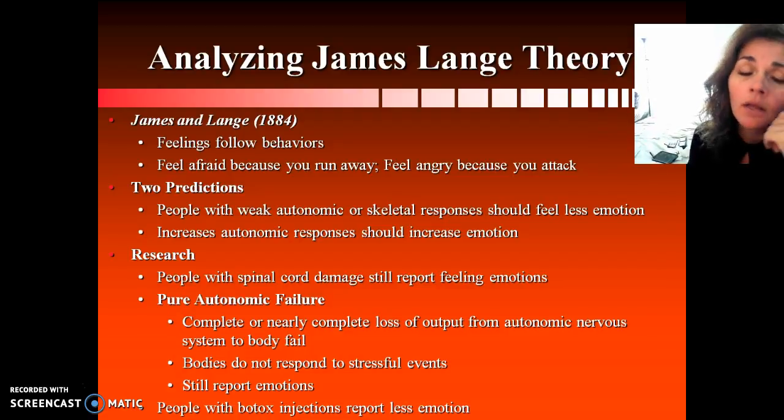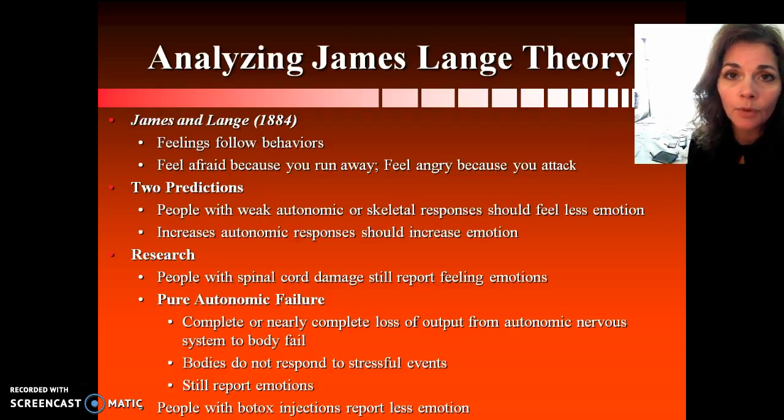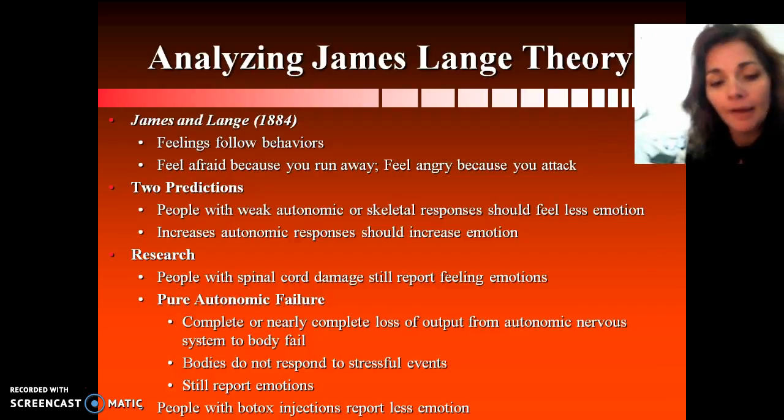And in fact, when you look at some of the research, people that have spinal cord damage still report feeling the normal range of emotions under the same circumstances that people who are not paralyzed experience. Additionally, there's a condition called pure autonomic failure, where people have a complete loss of output from the autonomic nervous system.